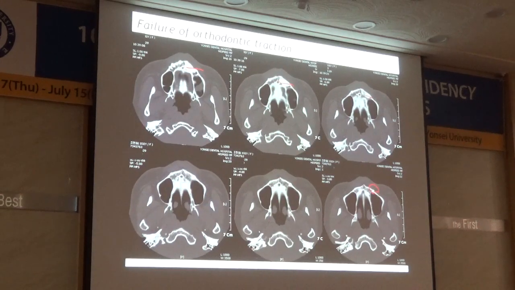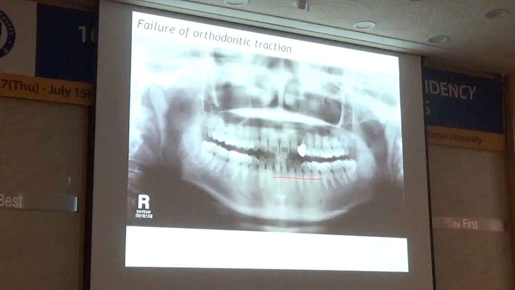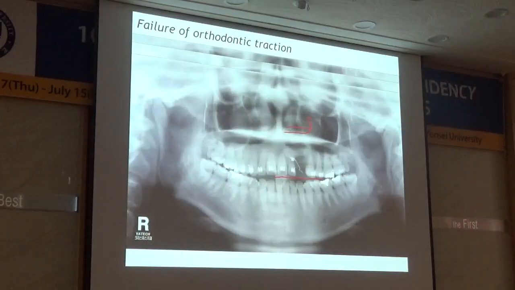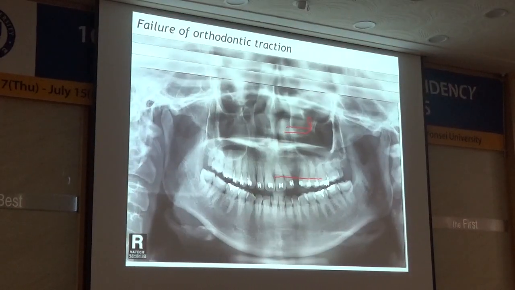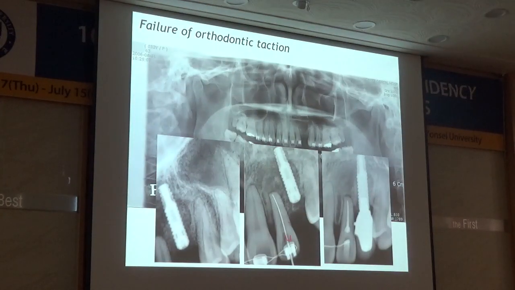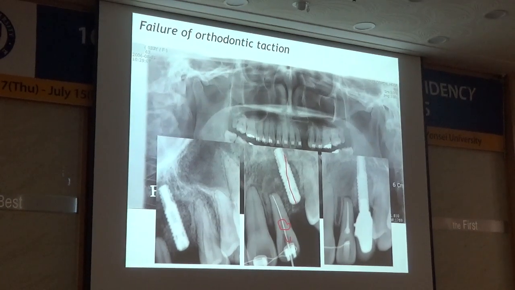Considering this CT, the tooth was shaped like this. So when we applied force to distalize the canine, there was a blockage of the movement. So we had to remove the tooth, and at that time, the vitality was lost in the lateral incisor. So we had to do additional endodontic treatment, and then we put the implant here. So this is the final thing.